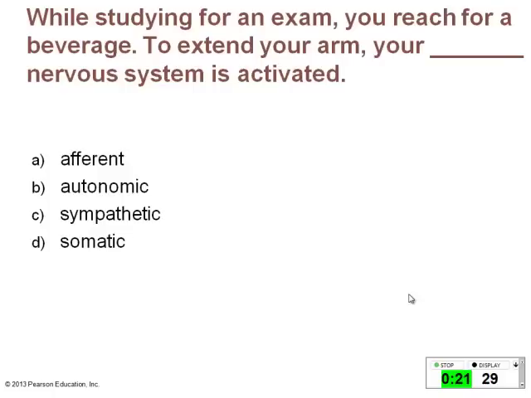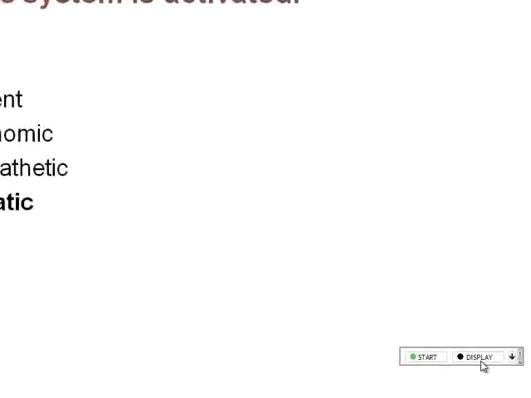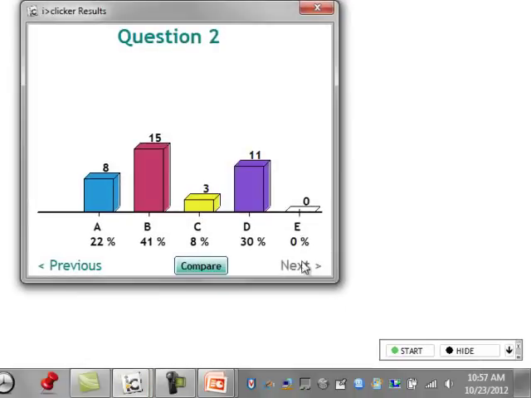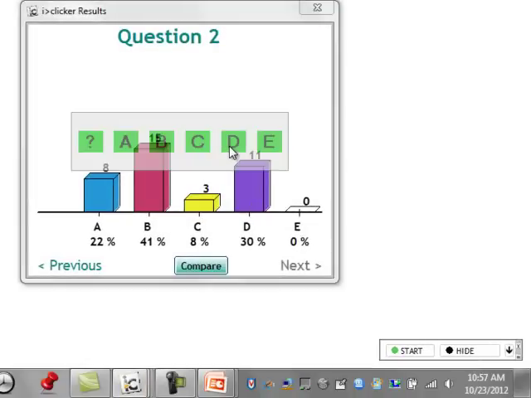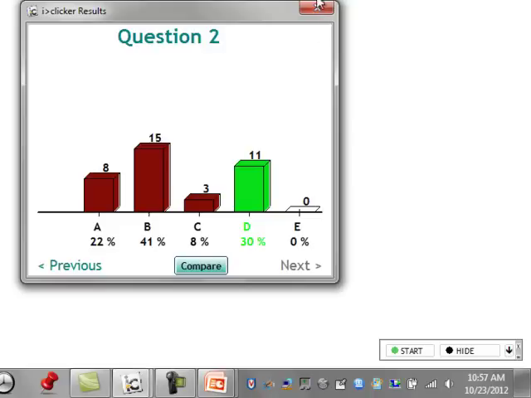Five, 4, 3, 2. What's the answer? Somatic. All right. Go study chapter 11, quiz on chapter 11 on Thursday. We'll finish it and start chapter 12.